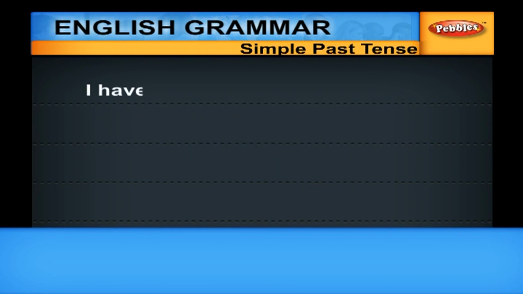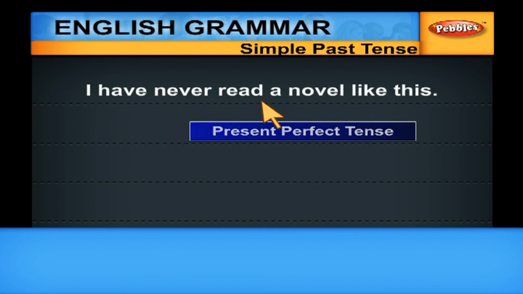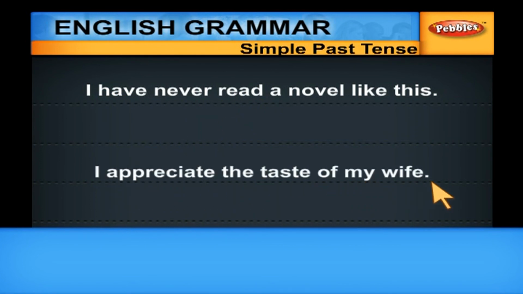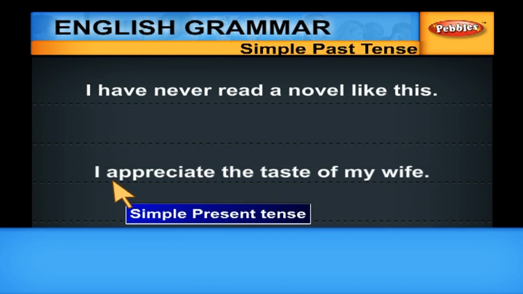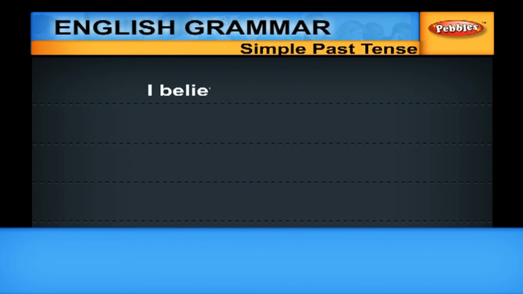I have never read a novel like this. This is in present perfect tense. Let me give you another example. I appreciate the taste of my wife. Simple present tense. I believe in hard labor. Simple present tense again.